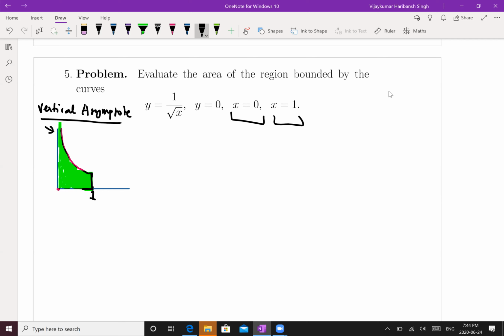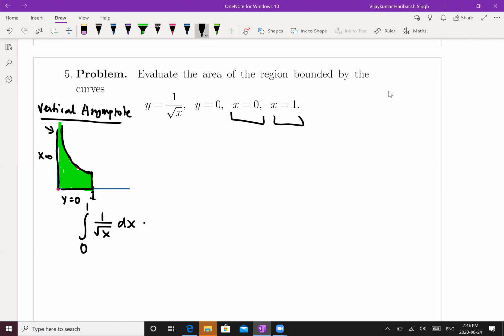This is your y equals 0, this was your x equals 0, and this is your x equals 1, and you are basically interested in this curve. And you have a vertical asymptote here. Now, to find this area is the same as evaluating the integral from 0 to 1 of 1 by square root of x dx.